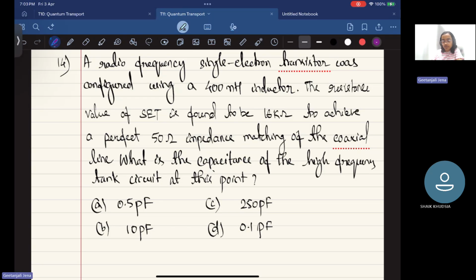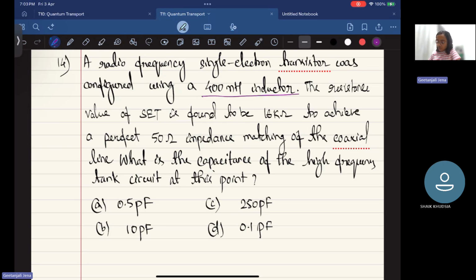Do you have any doubt? Okay, so let us go to our next question. The question says a radio frequency single electron transistor was configured using a 400 nanohenry inductor.